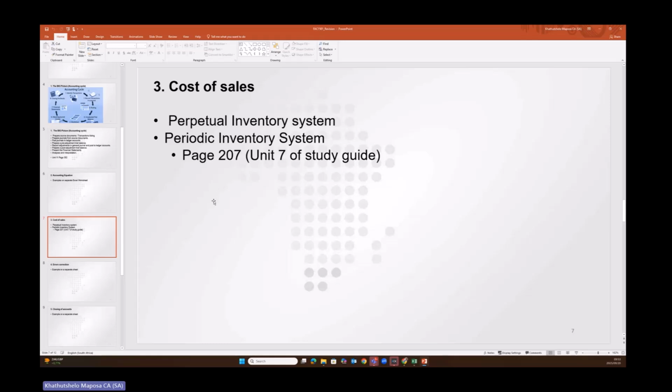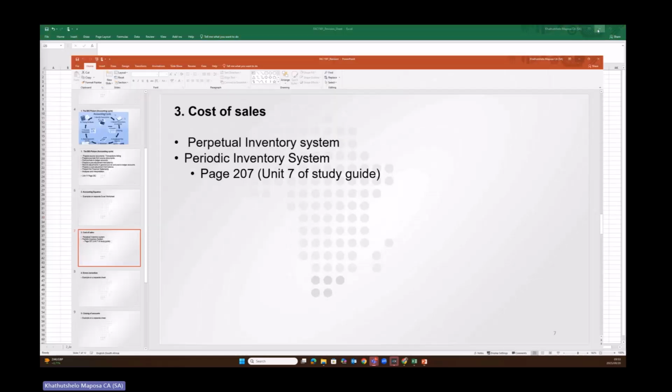This is nicely outlined in your study guides, in unit number 7, page number 207. It has been outlined in a very nice way, however, we'll quickly run through it now.